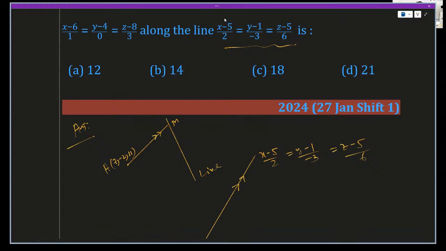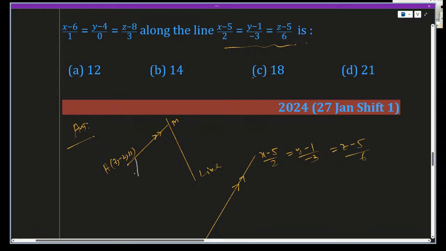Very easy to write. Just think. This equation can be written easily. x minus 7 by 2, y plus 2 by minus 3. So this is the equation of AM.